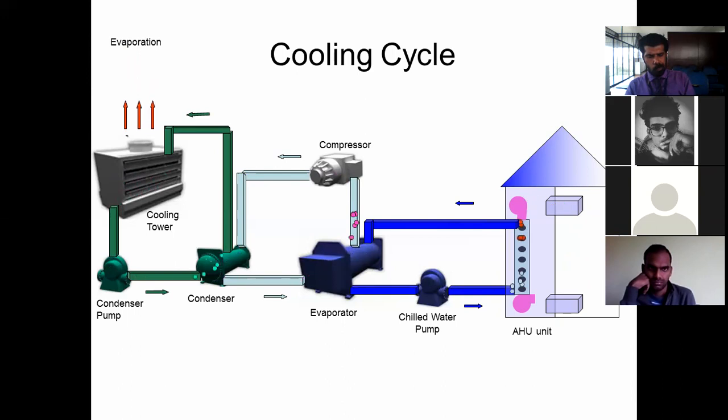So in the second cycle, where the compressor and condenser are, it's a refrigerant cycle in which the refrigerant exchanges the heat. The refrigerant makes the water go back to the cold state, whereas the refrigerant itself gets heated up into a hot state.